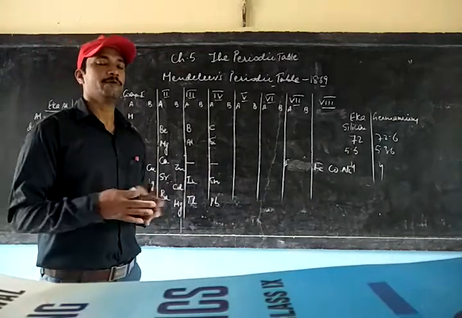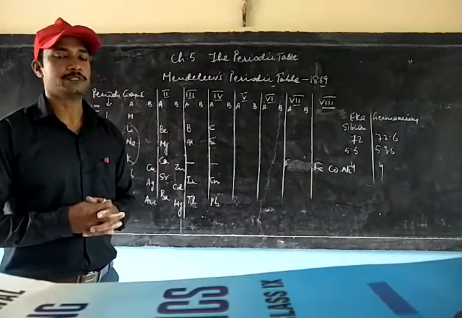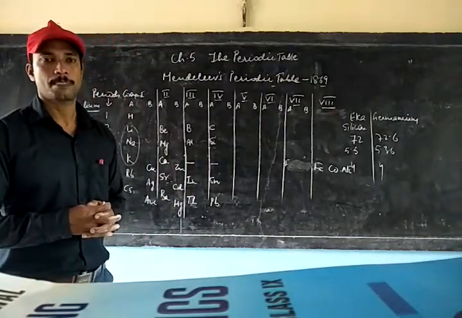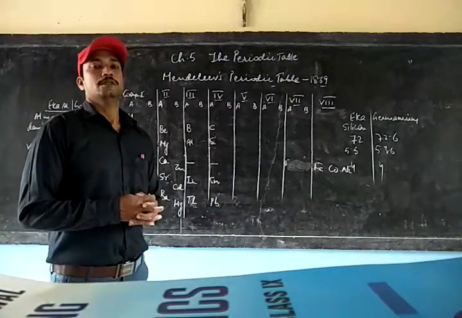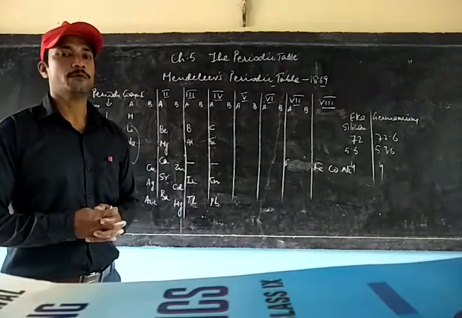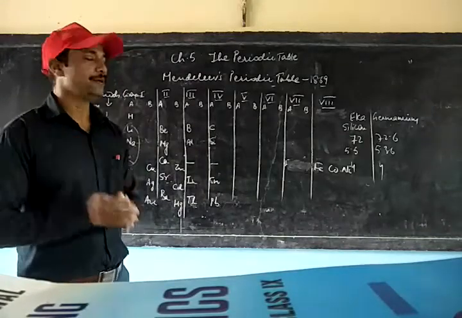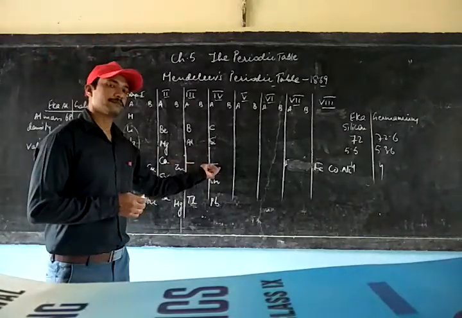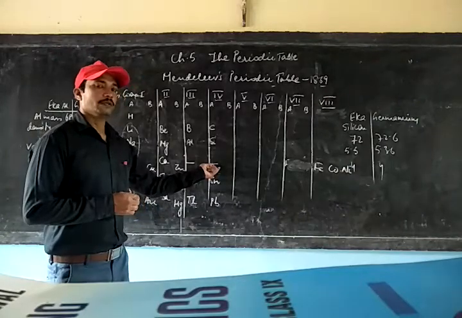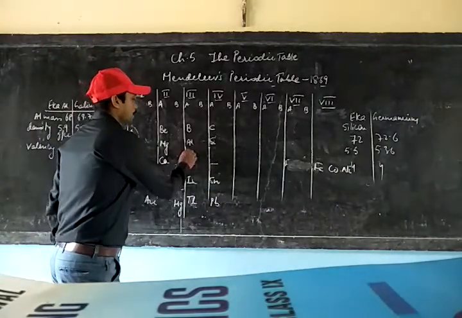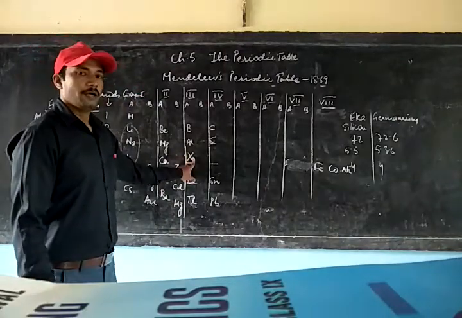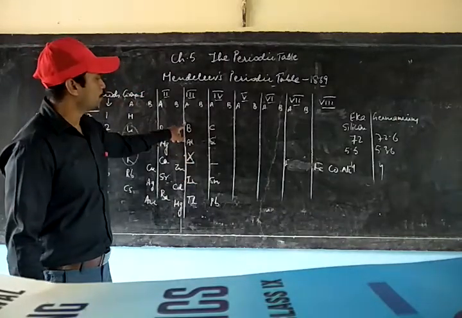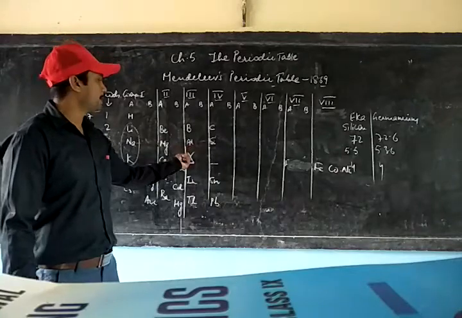These gaps were left because at that time these elements were not discovered. And keeping in mind that if the elements are discovered in future, they could easily be fit into these gaps. If suppose X is discovered in future, then X can have properties similar to boron and aluminium, so it should be in this group.